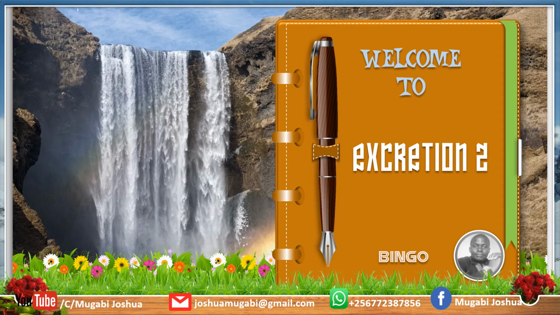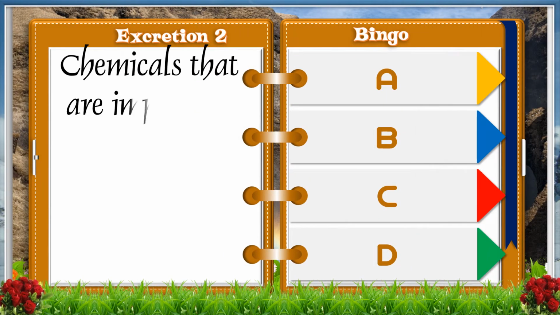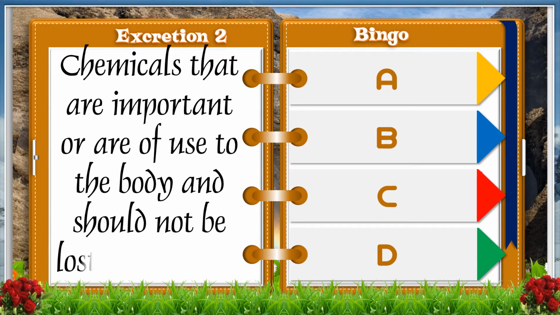Bingo! And without wasting any of our time, let's go directly to our quiz. Chemicals that are important or are of use to the body and should not be lost or excreted.